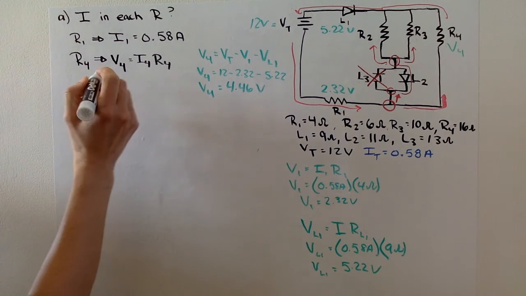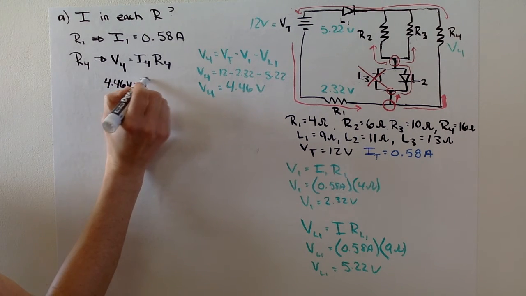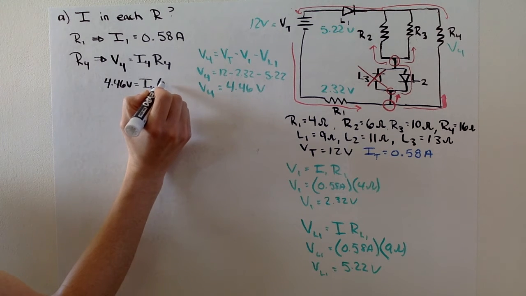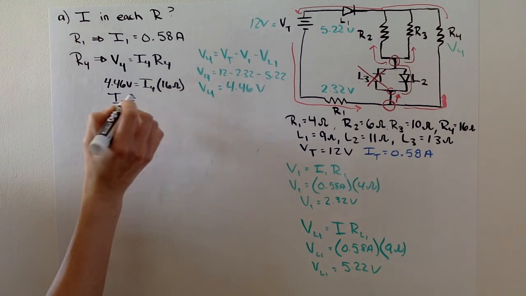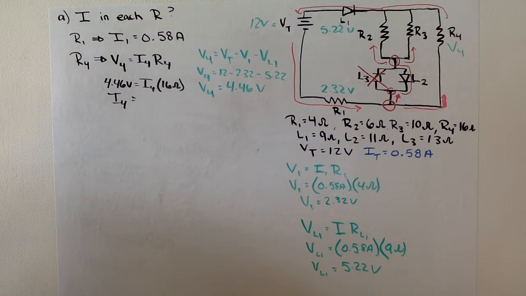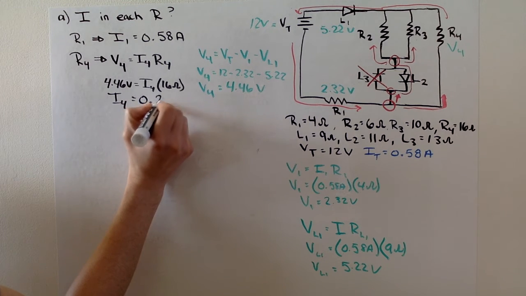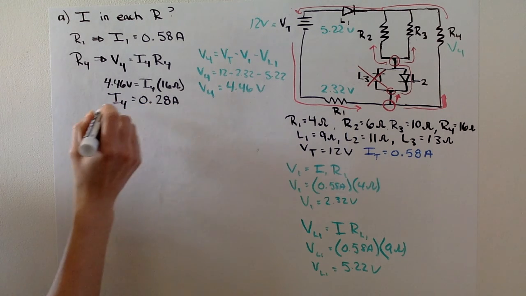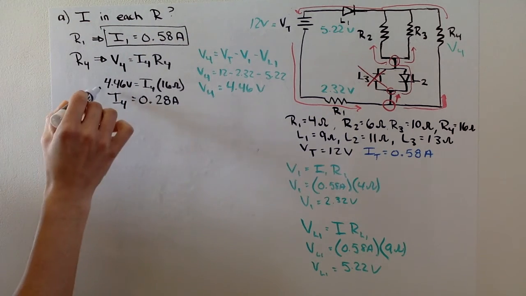And we just found V. So this is 4.46 volts equals I4, which is what we're trying to find, times the resistance of resistor 4, which was 16 ohms. So the current through resistor 4 will be 4.46 divided by 16, which will be 0.28, let's round. Right, so here's the total current that goes through resistor 1.